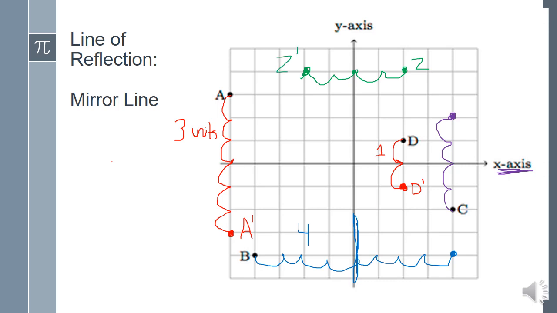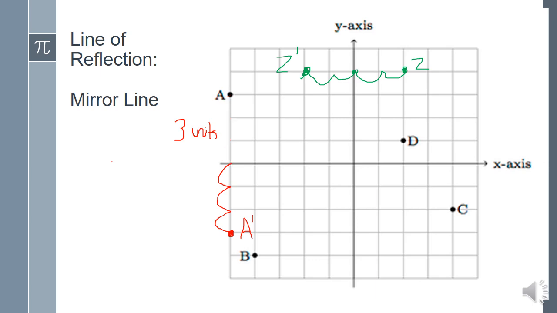Okay, I want to show you something really important. When you are reflecting points, please keep in mind it does make a difference if you're going across the y-axis or the x-axis. Because if you look at Z, when we did Z and we went across the y-axis, my new point was over here, right?